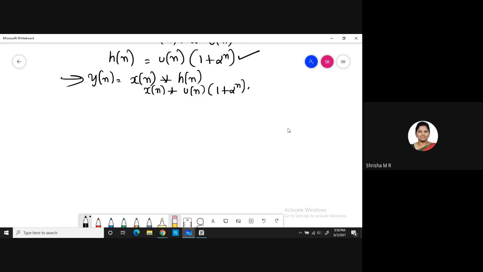I have shared the textbook PDF also. You have some more problems on interconnection and so on. Try to solve those. So let us go to the next topic: categorization of LTI systems based on impulse response.